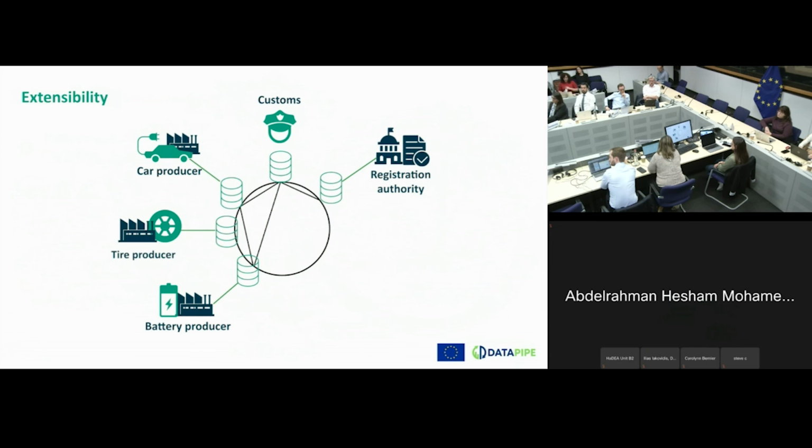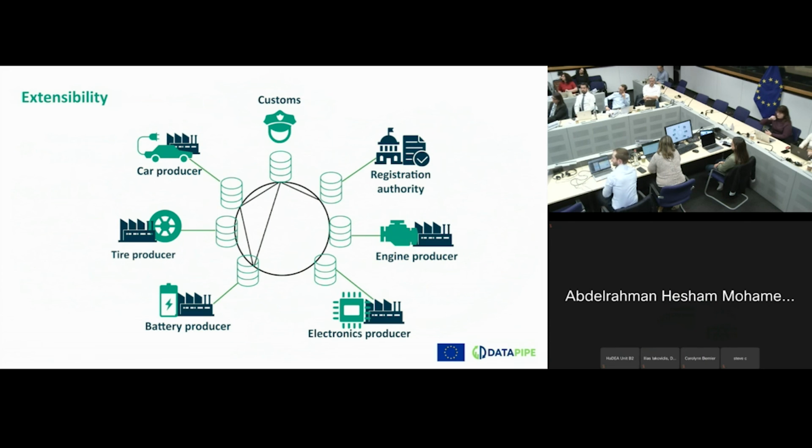For example, a tire DPP, an electronic systems DPP, or an engine DPP. Flexibility means that customs inquiries can be easily extended to exploit these new data sources. Combinability means that manufacturers of complex products can combine data from different suppliers into their DPP.